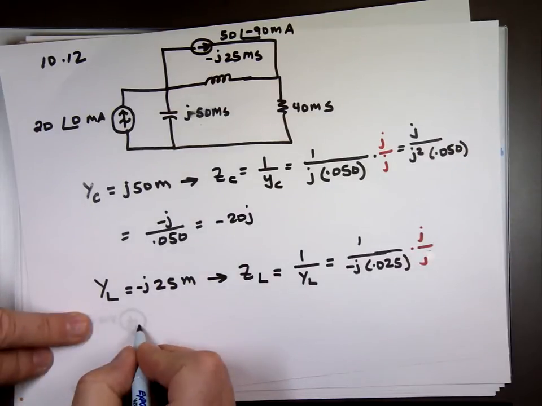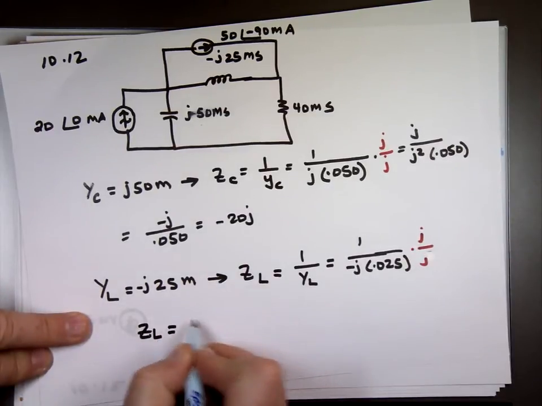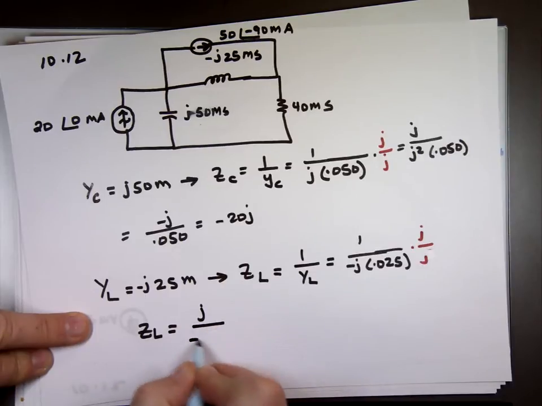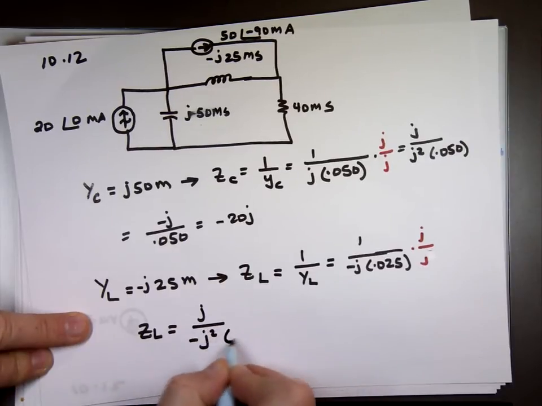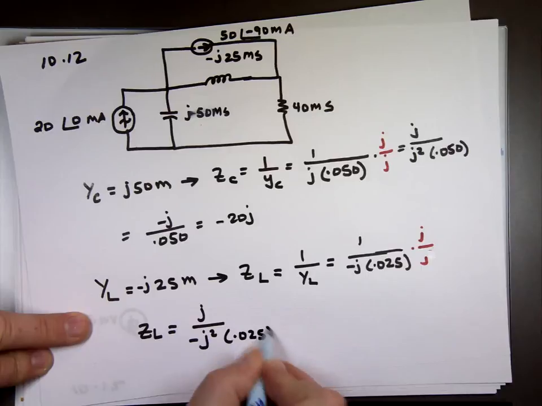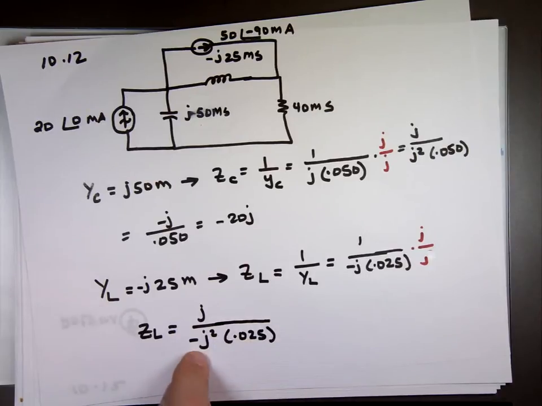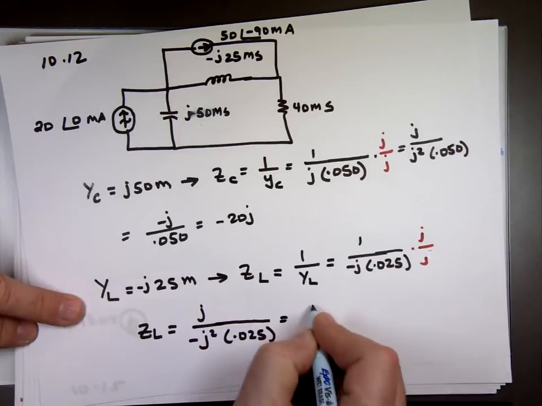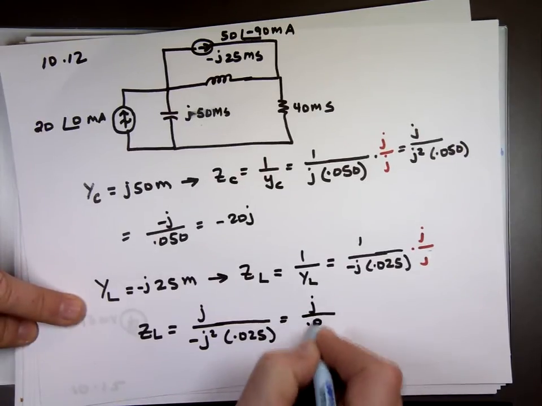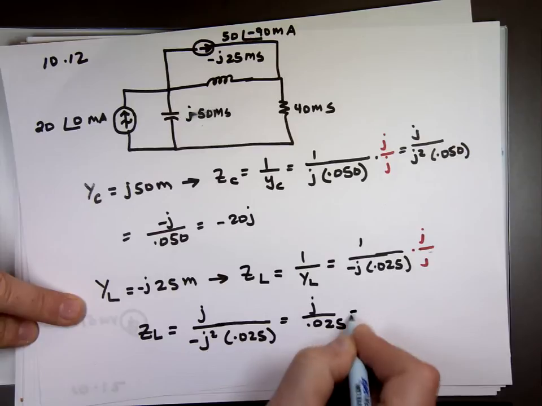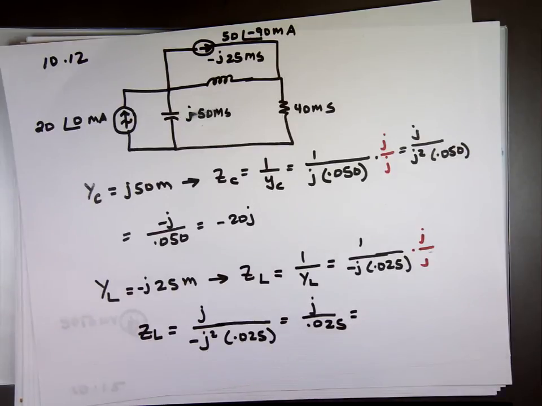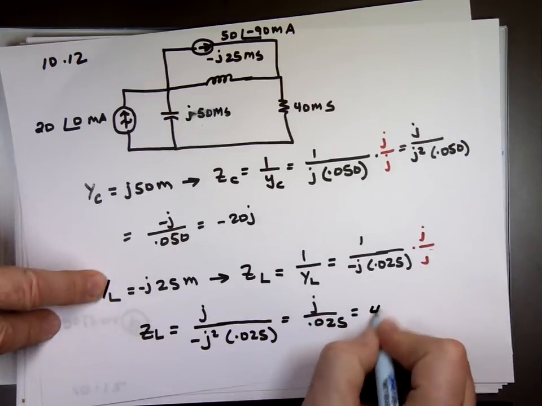So ZL is going to be j over negative j squared 0.025. And j squared is a -1, so what's a -1? That's a +1. One divided by 0.025, which is 40j.